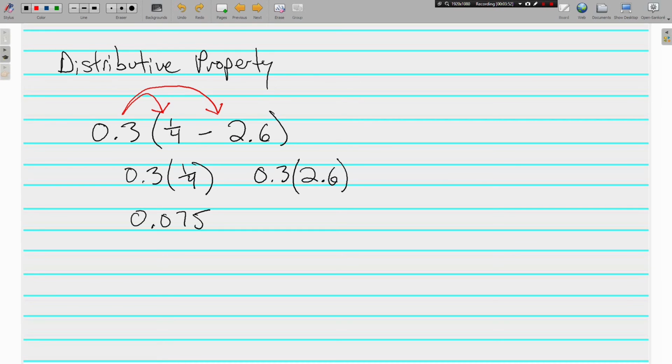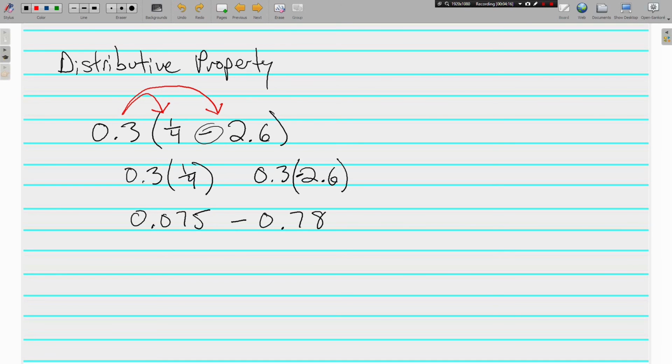And sorry, this should have been a -2/6 because there's a negative sign on the left here. And then 0.3 times -2.6. Throw it in your calculator, but you know the answer is going to be negative because the signs are different. And we get -0.78.